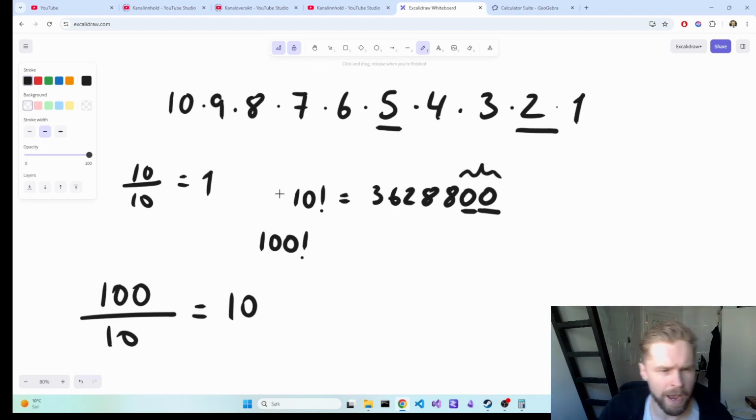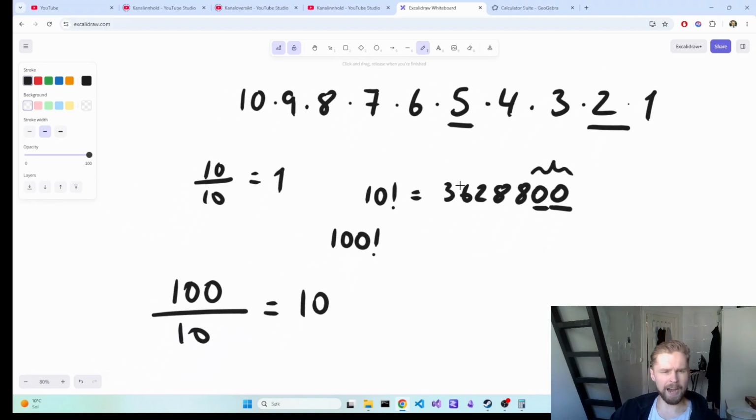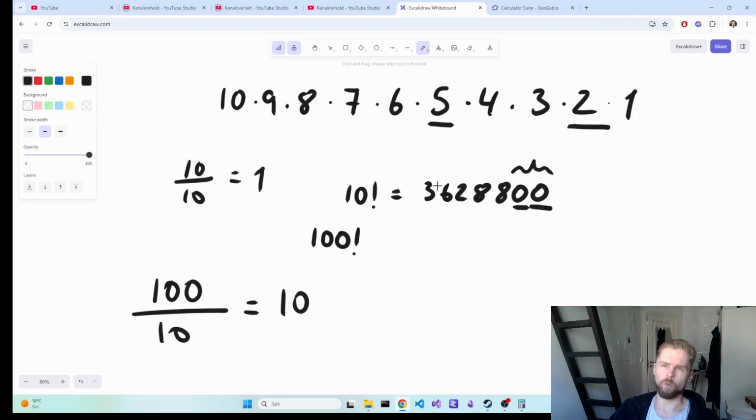Alright, so I need to actually hold on. I need to figure out what kind of tens I could create, right? And does it have to be pure tens? Because these ones, 5 times 2, that's obviously 10.